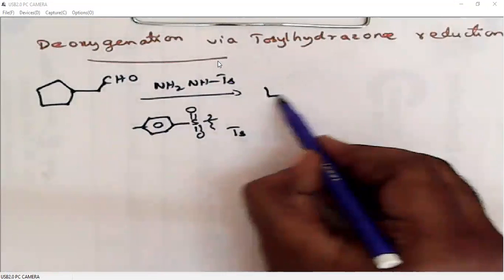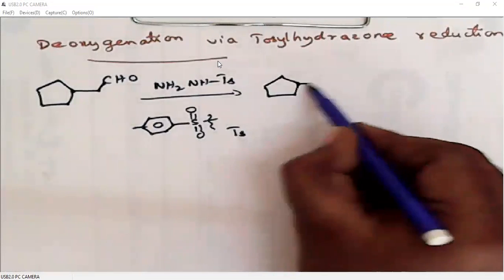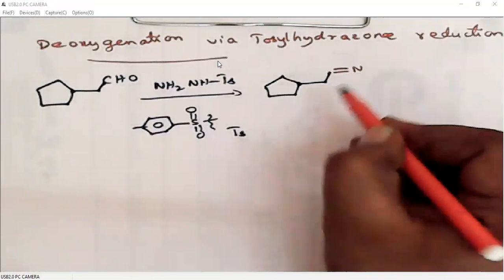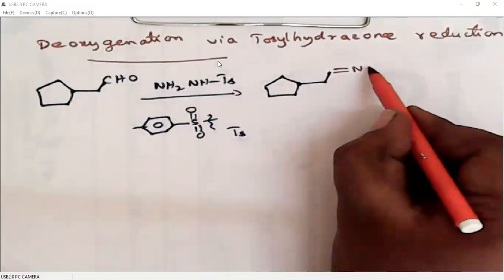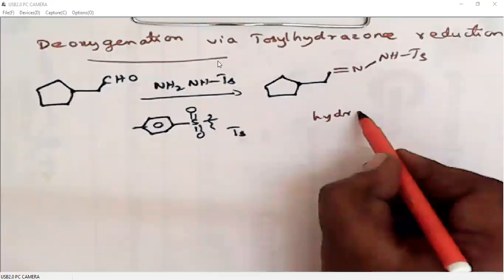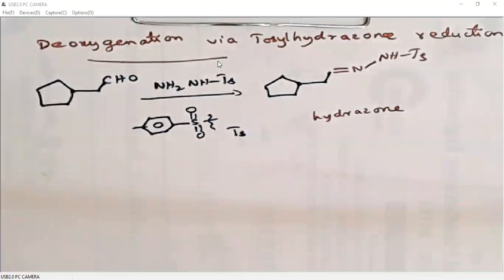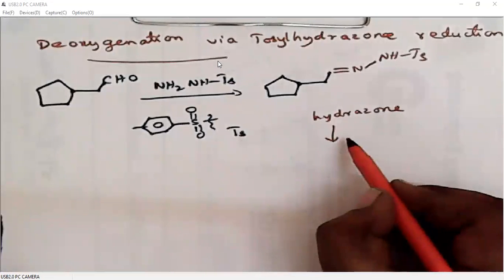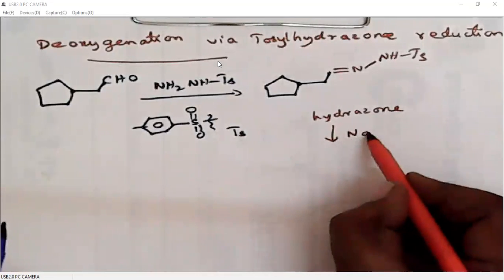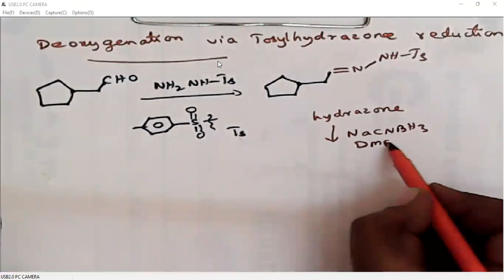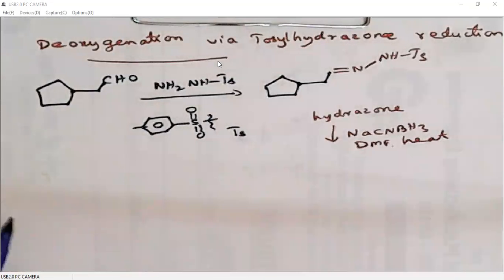The same reaction with loss of water will generate a C double bond N. Because it is from hydrazine, it is called hydrazone. It is an amine derivative from hydrazine. When we reduce this tosyl hydrazone with sodium cyanoborohydride, what happens?